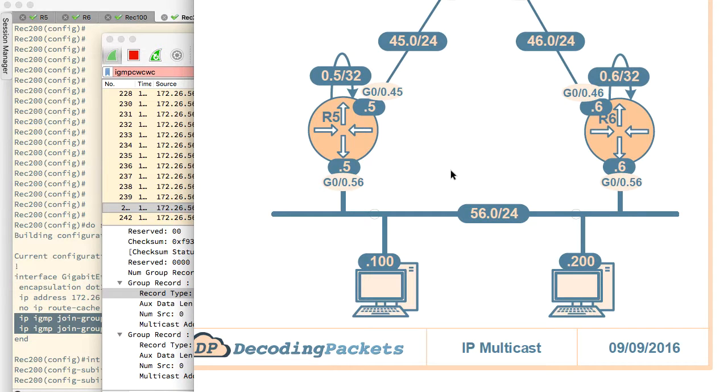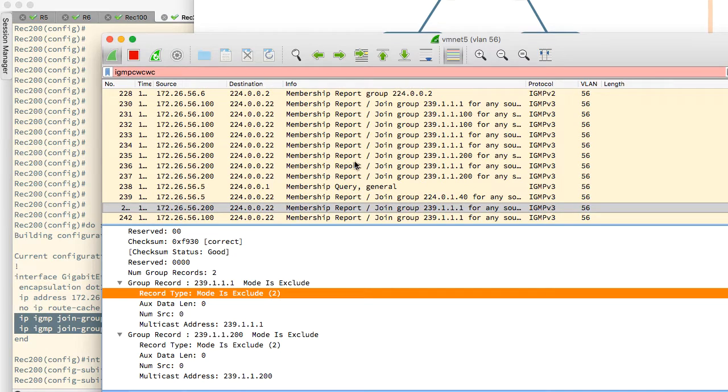This is just a virtual switch, not an IGMP snooping aware switch. If it was, combining those reports and everybody sending a report would help out, but in my case that's not the case. We'll demonstrate that in a completely separate lecture.